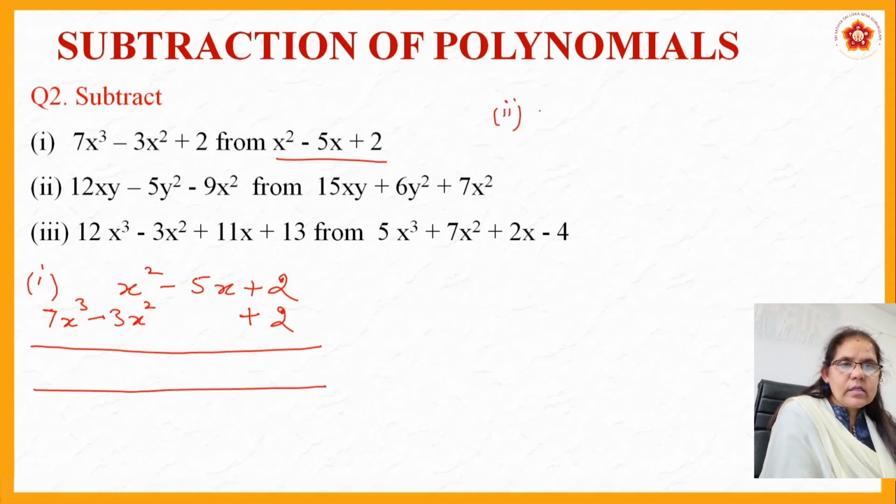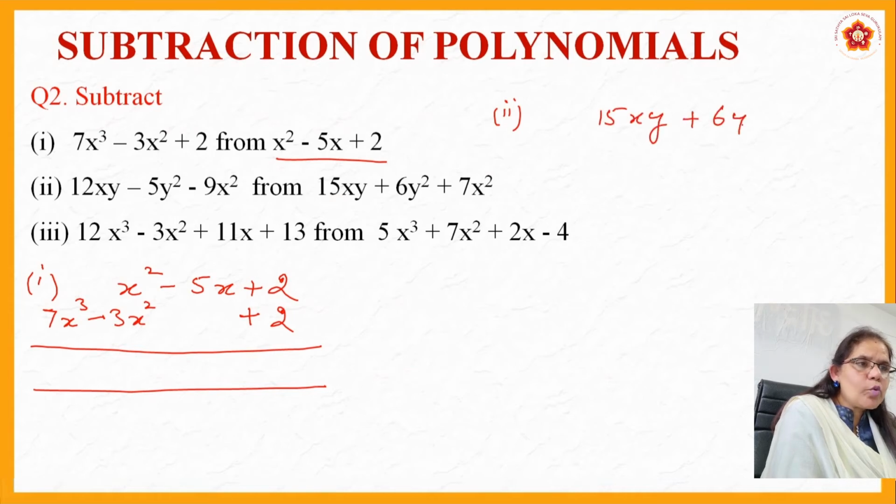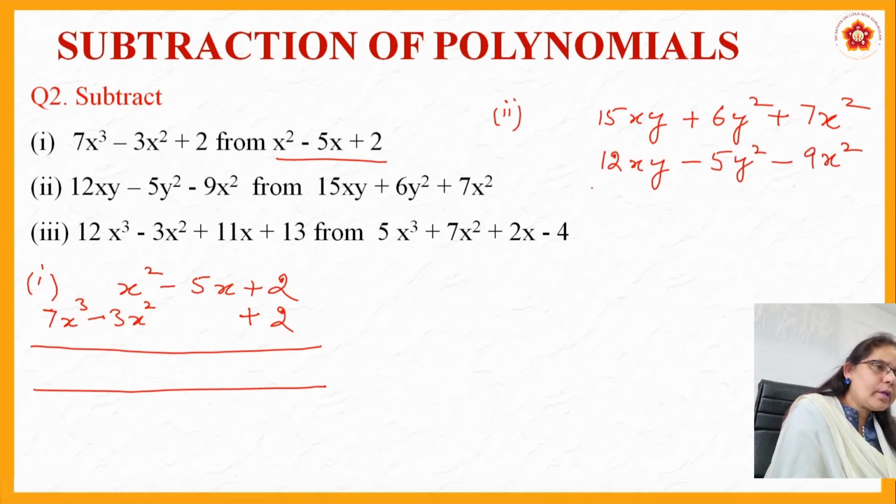Second one is, let me copy the second one. We have to subtract from 15xy plus 6y square plus 7x square. And from this we have to subtract 12xy minus 5y square minus 9x square.